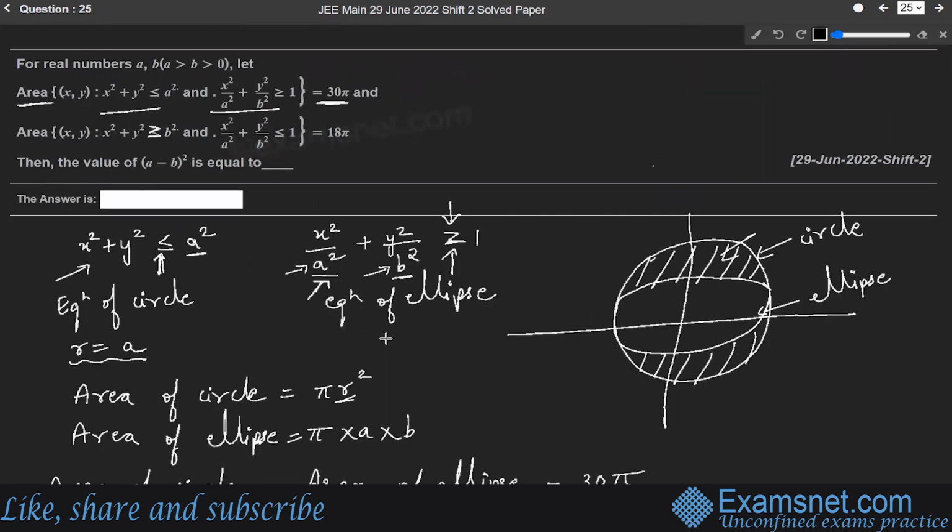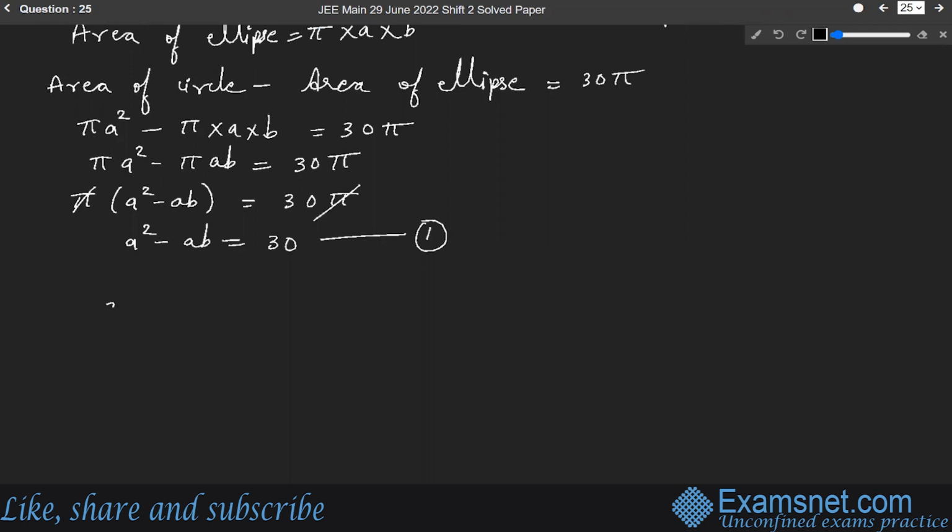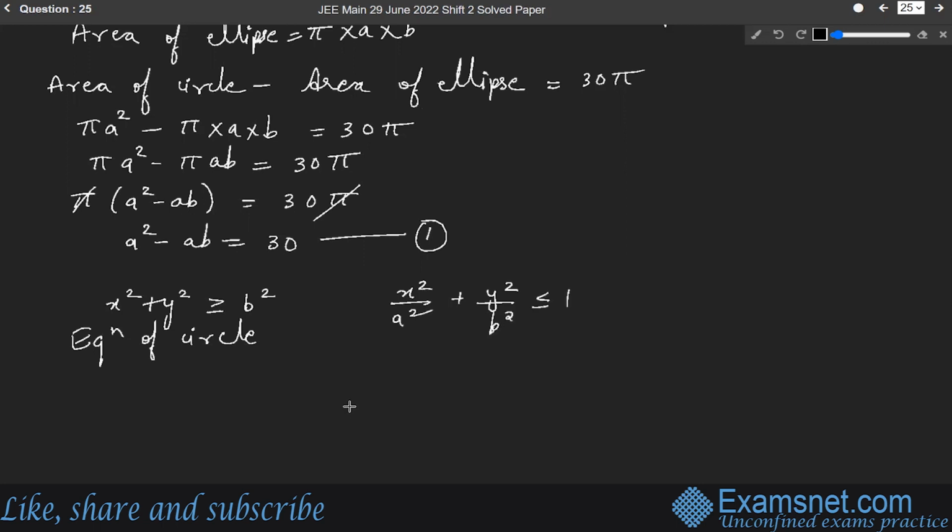Now let us focus on case 2. This is case 2, right? Let us write both the equations that are given in case 2. The equation of the circle is x square plus y square greater than or equal to b square. This is the equation that is representing the circle. And the equation of the ellipse that is given for case 2 is x square upon a square plus y square upon b square is less than equal to 1.